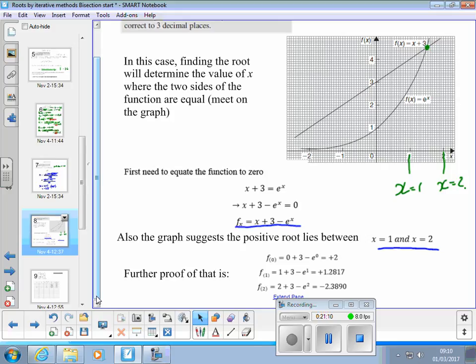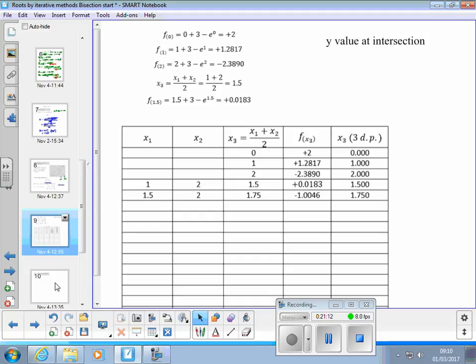Okay, so on your way to start, put these results in a table as you go along. So you can see the first guess is between 1 and 2.